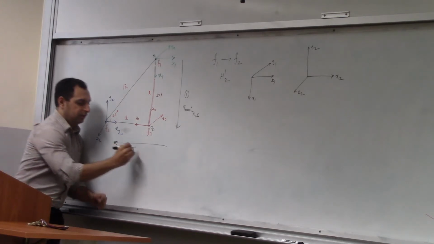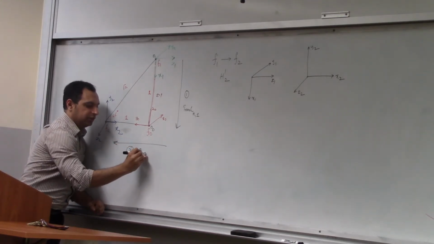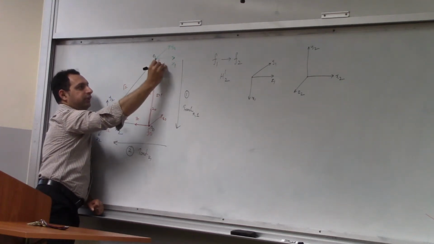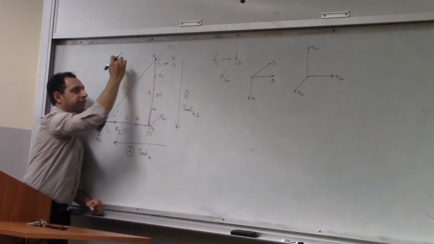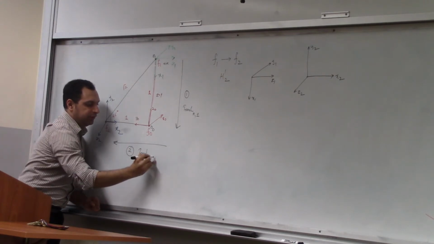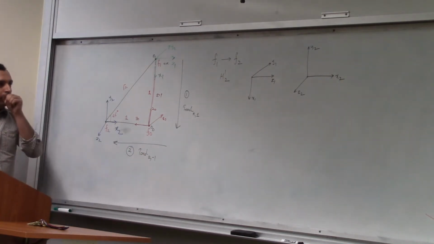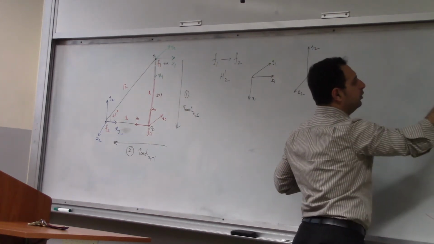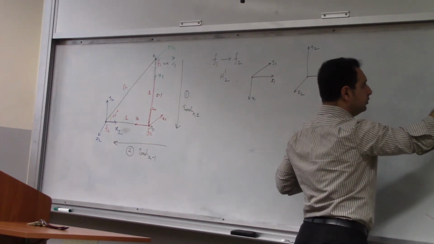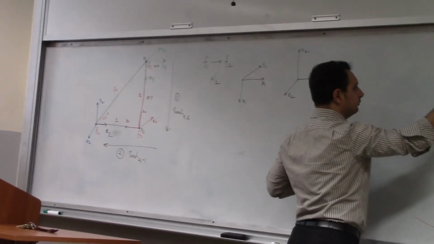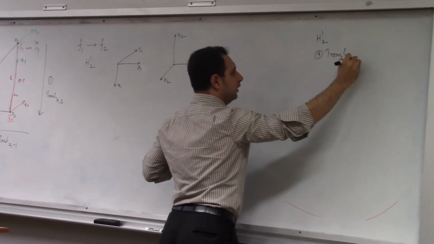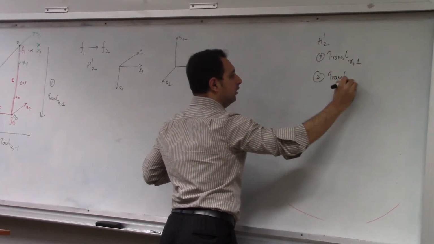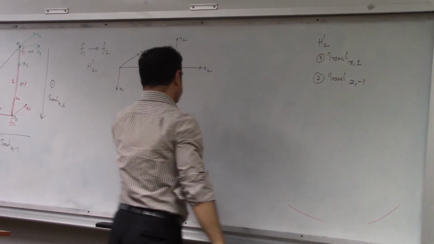Z by -1, because this is in the opposite direction. This is the positive direction of Z, right? So when you move in this direction, it's going to be the negative direction, so Z by -1. So for H12, first one is translate along X by 1. Number 2 will be translate along Z by -1.